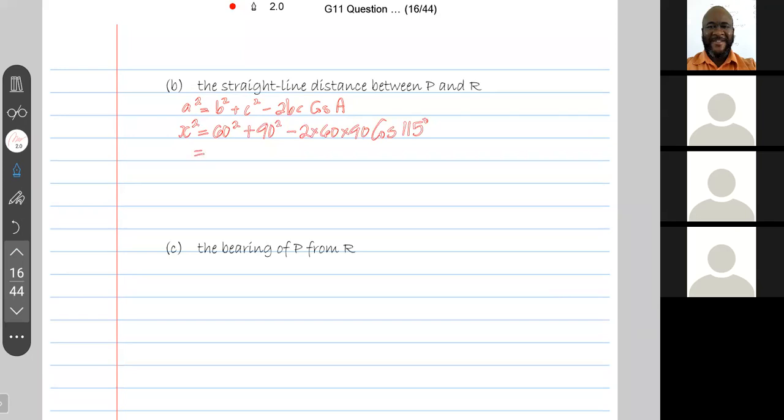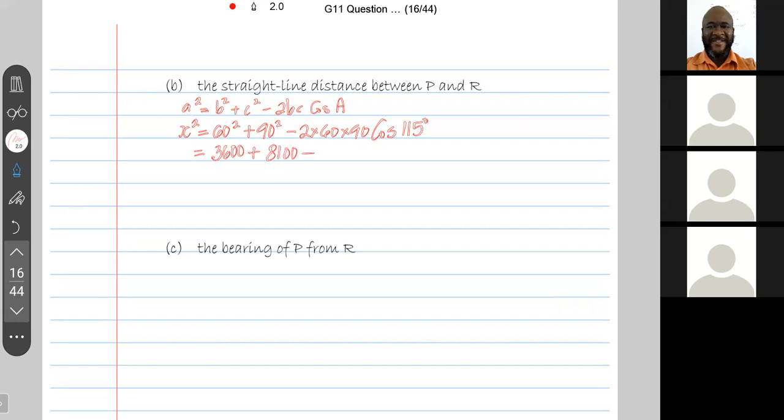Do not let the big numbers scare you. Just work the thing like how you would normally work it. All right, so we have 60 squared, this is 3,600. 90 squared is 8,100.